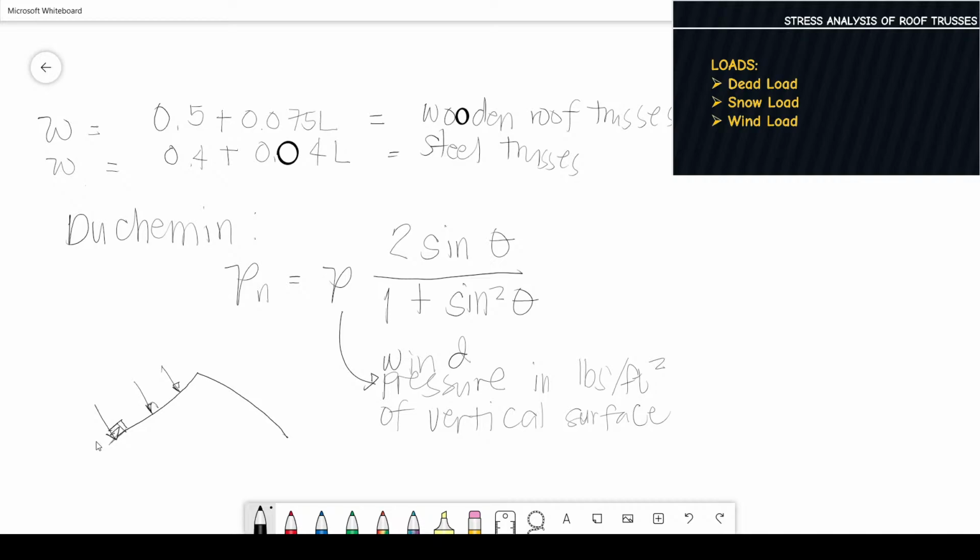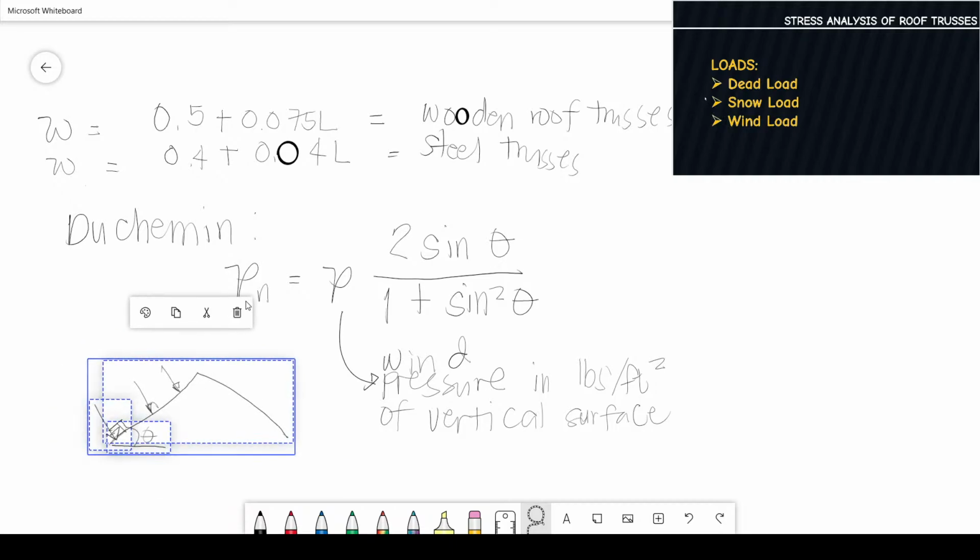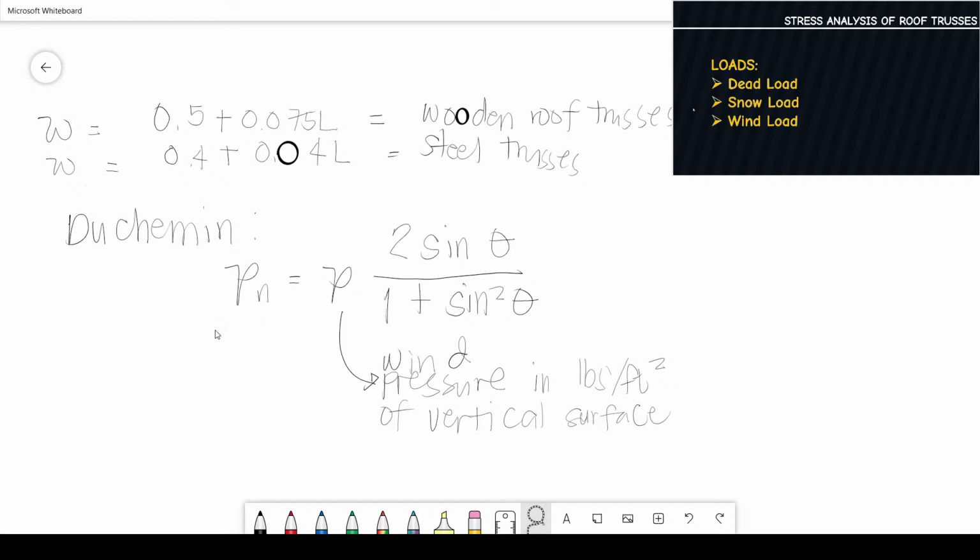The usual lang at theta. So, this is, ano yung theta, ano aton vertical, adi, ano aton horizontal. Horizontal, adi. Yun lang. The inclination from the horizontal. Okay.